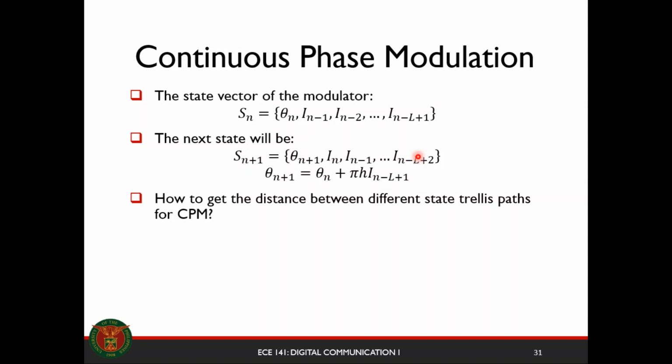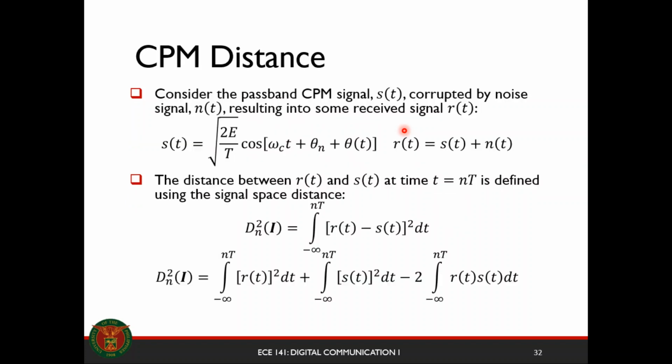How do we define the distance if the state vector has very different quantities? Okay, so this theta n is a phase, and I sub n minus 1 to I sub n minus L plus 1 are all symbols. How do we define the distance?